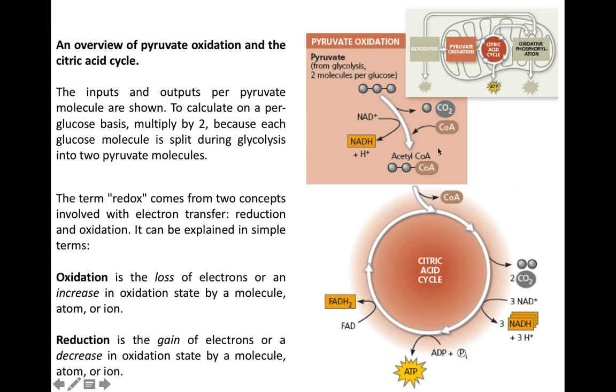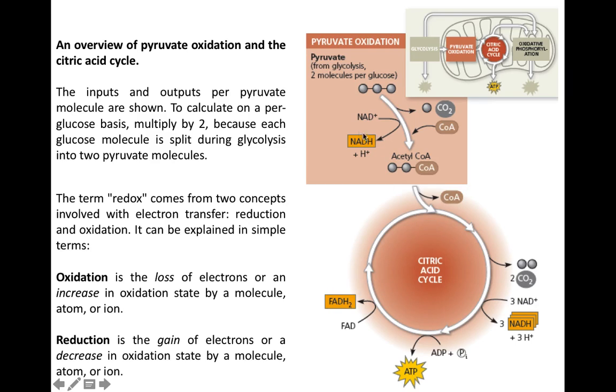So acetyl coenzyme A enters into the citric acid cycle, and inside the citric acid cycle, 3 NAD molecules are reduced to NADH. They're carrying electrons, and 1 FAD is converted into FADH2. So both NADH and FADH2 are now carrying electrons.